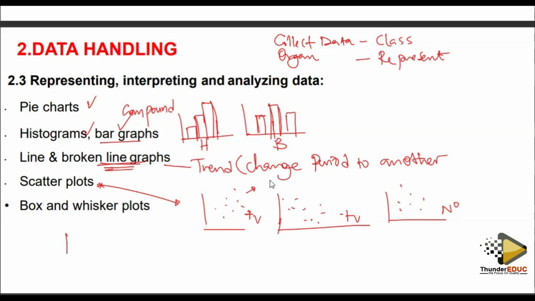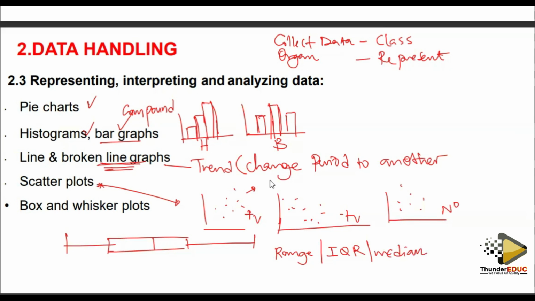Box and whiskers, it will always be like that. What I want you to know, when box and whiskers come, questions that you expect, they can ask you to look for range, or interquartile range, or they might tell you to give the median.